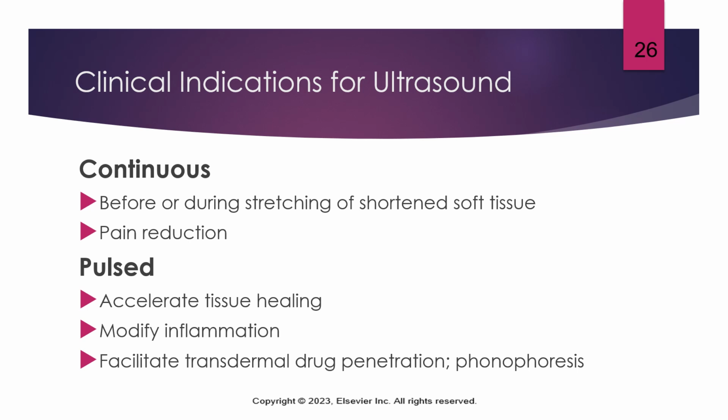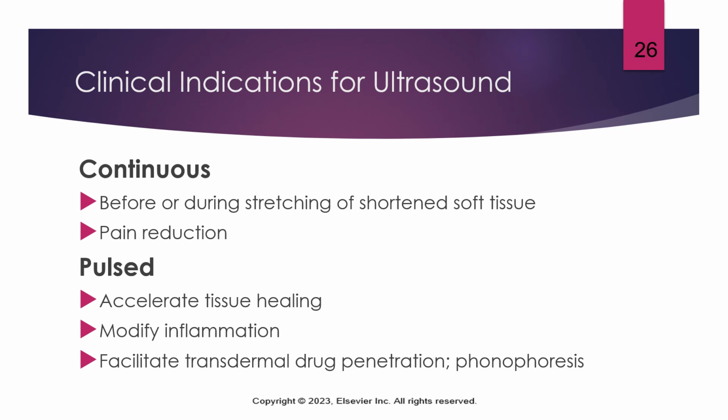When we're using pulsed ultrasound, why are we going to use this? Well, we're really going to use it to help accelerate tissue healing. We can help modify inflammation. We just saw all of those different responses that happen due to increased cell permeability. We get all of those histamines into the area, we get all the macrophages and that response going.